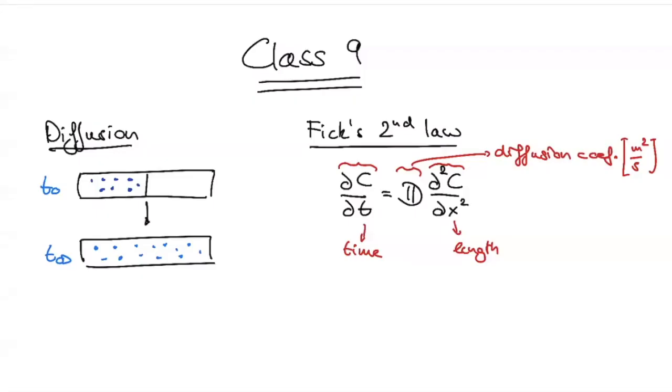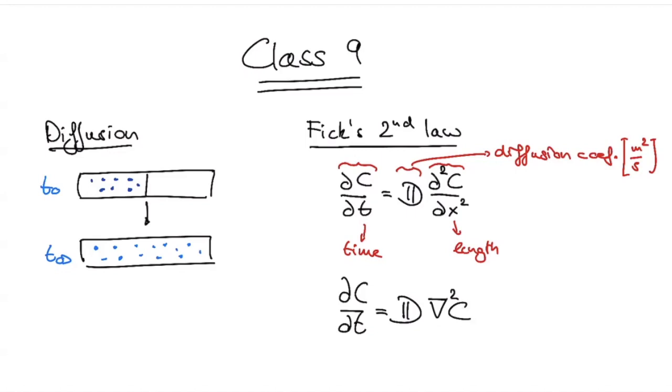If you want to write it more generally in 3 dimensions or 2 dimensions, people write it in the following way. So they write dc/dt equals D, and then we write it like this.